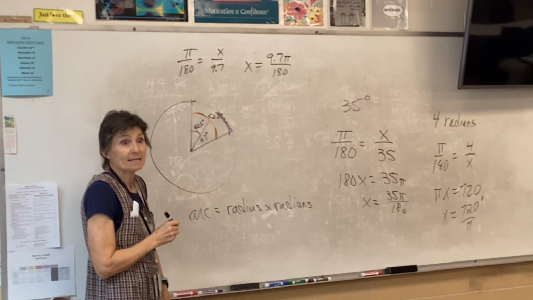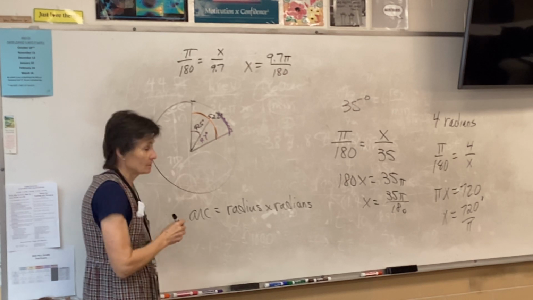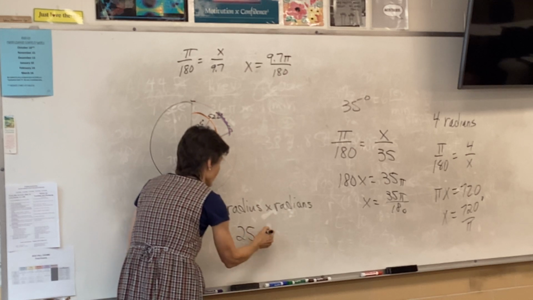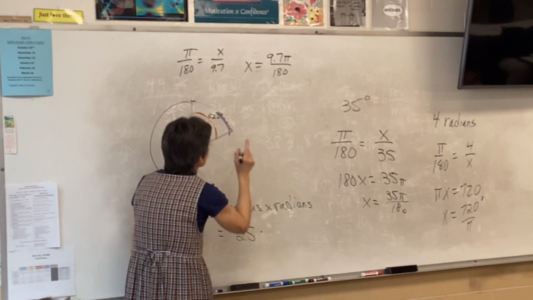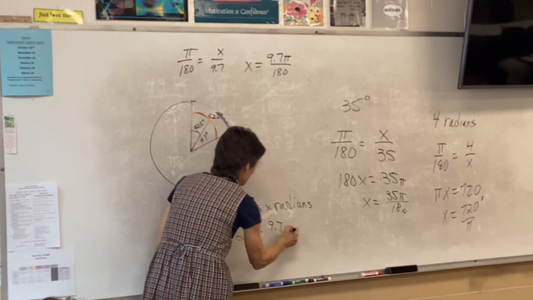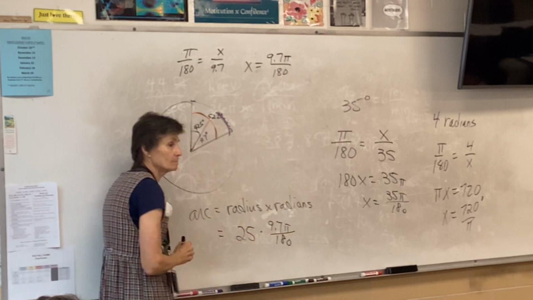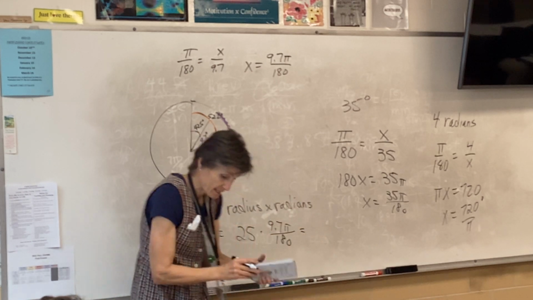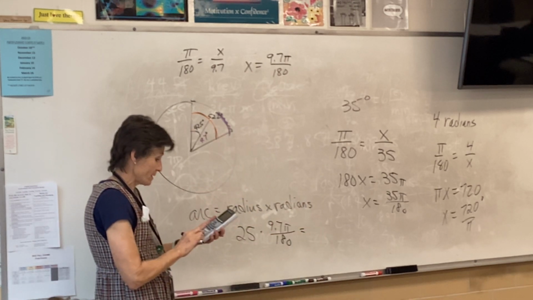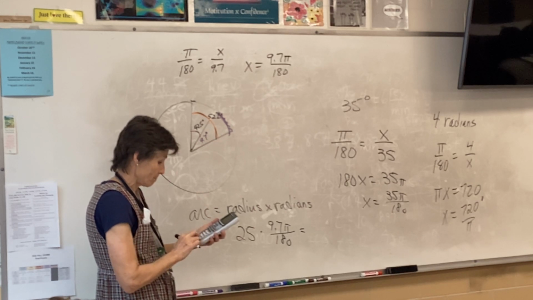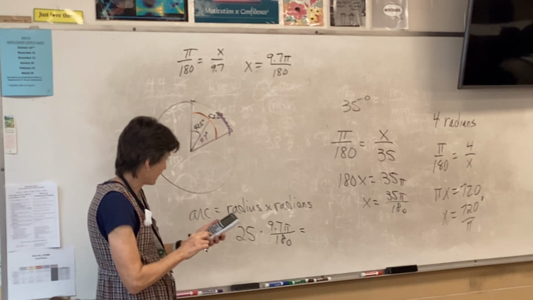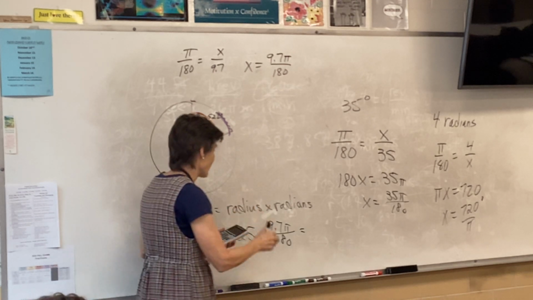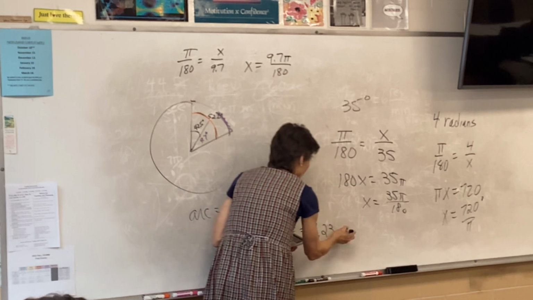That's going to be my radian measure of that angle. So my arc is going to be 25, which is my radius from the problem, times 9.7 pi over 180. Hopefully I get the same thing I got when I did it the other way. So 25 times 9.7 pi divided by 180. 4.23, yep, that's what I got when I did it before. So 4.23 miles.